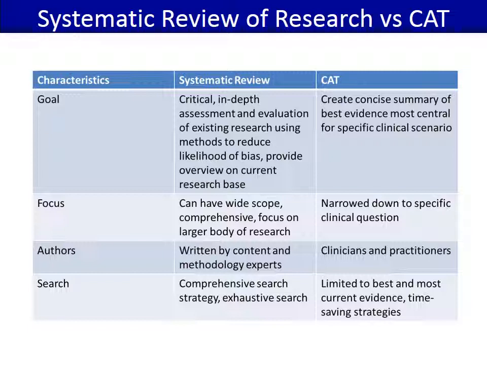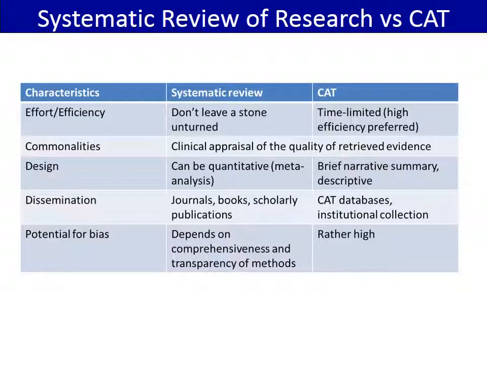In a systematic review, the literature search is exhaustive, as opposed to a CAT, which is done using the most current evidence and is done very efficiently with time-saving strategies. With a systematic review of the literature, there's a lot of effort because those experts don't leave a stone unturned. Whereas with a critically appraised topic, you work very quickly looking for the best available recent evidence.